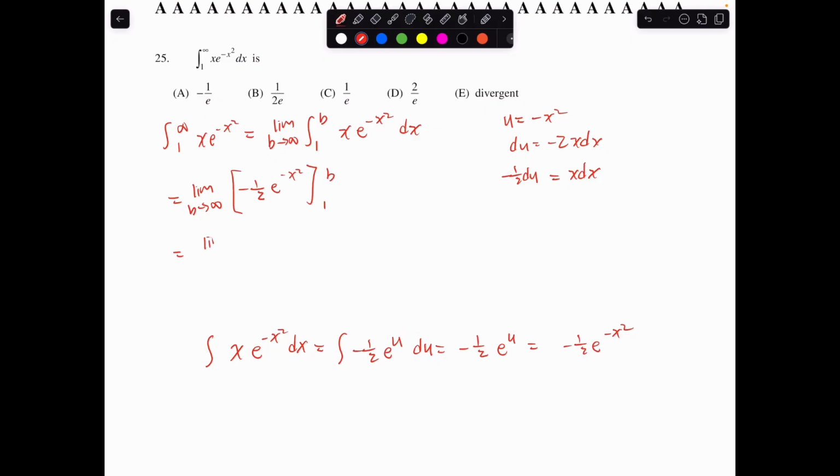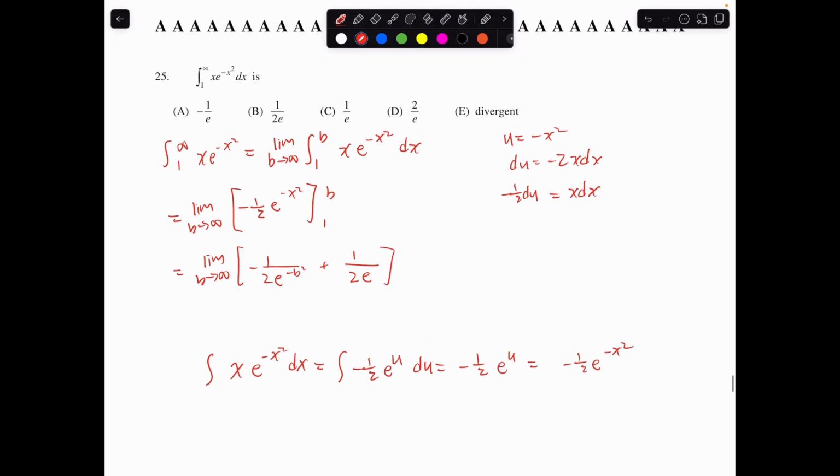So if I have something to a negative power, this is just 1 over 2 times e to the negative b squared, and then minus, so this is plus 1/2 e to the negative 1. And as b goes to infinity that first term is equal to 0, so it's just 1 over 2e. So for 25, the answer is B.